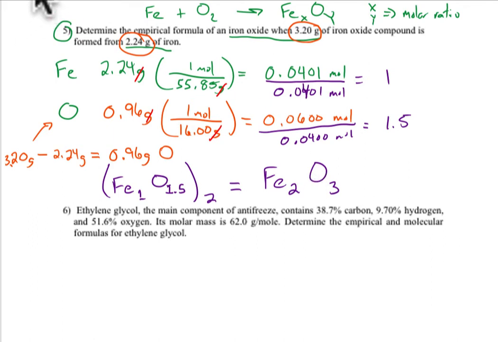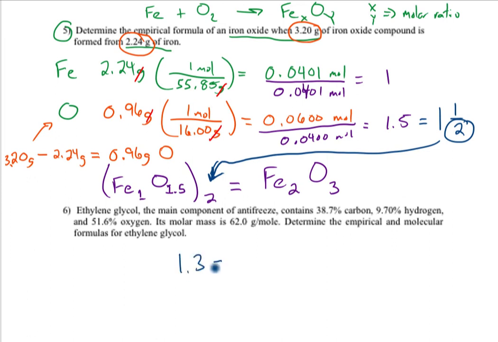If you're wondering how to determine this multiplier, I want you to notice that 1.5 is 1 1/2. And so what you always do is multiply by whatever is in the denominator, on the bottom of the fraction. Some other examples: if it was 1.33, that's equal to 1 1/3, and so then you would multiply by 3 through the entire expression.